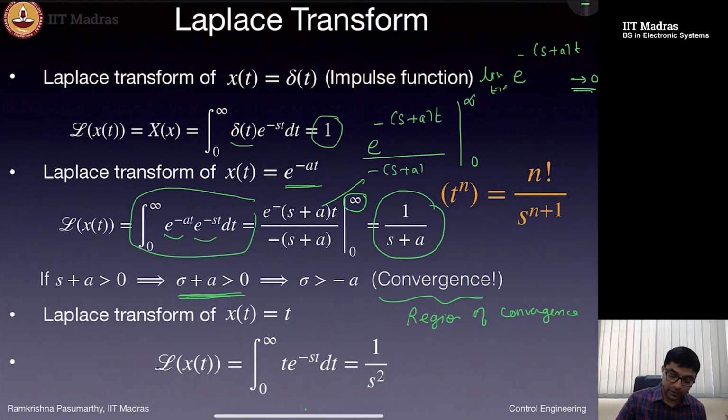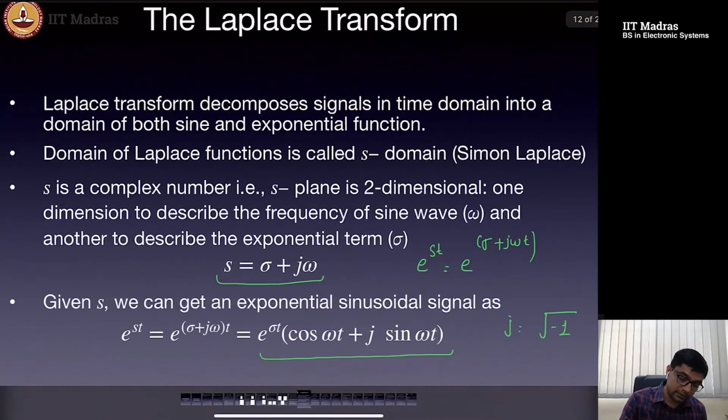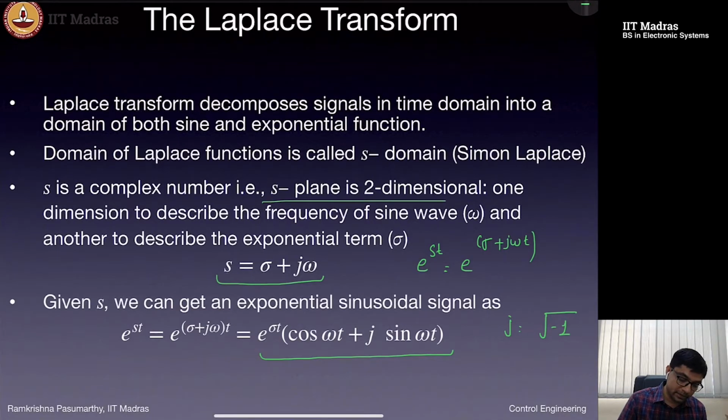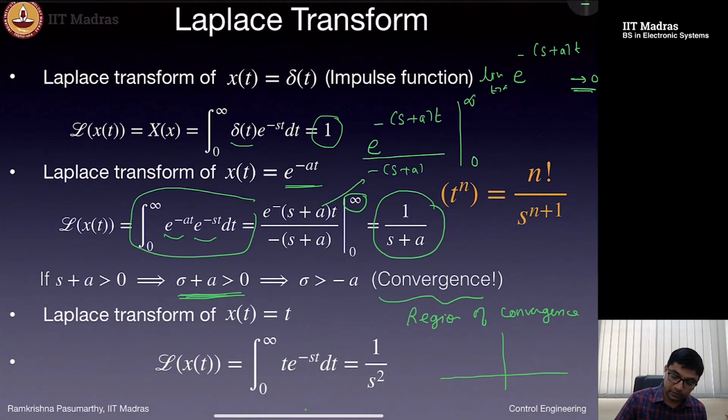If I look at it, as I said, it's a two-dimensional plane here. The S plane is a two-dimensional one, representing sigma and the other representing omega. So we look at this as sigma, this as omega, and what we want is that sigma must be greater than the negative of a. If this is the negative of a, then this entire region will be my region of convergence where the integral is defined.